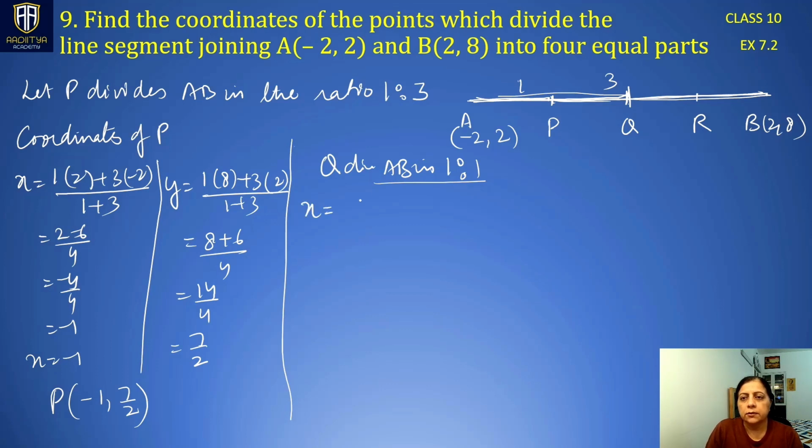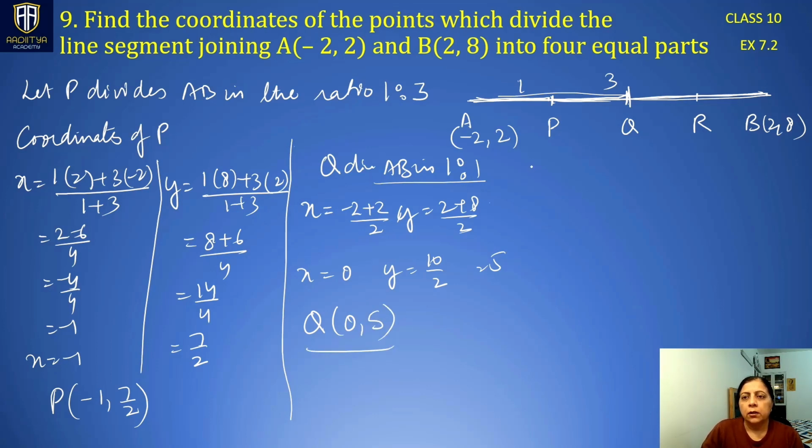So x is minus 2 plus 2 divided by 2 and y becomes 2 plus 8 divided by 2. So x is equal to 0 and y is equal to 10 divided by 2, that means 5. So we have coordinates of Q as 0, 5.